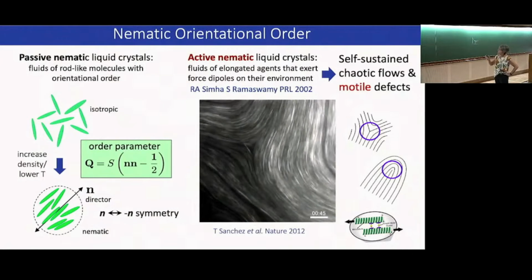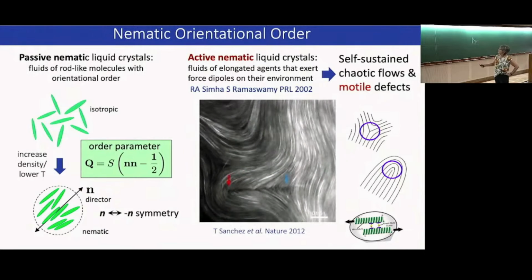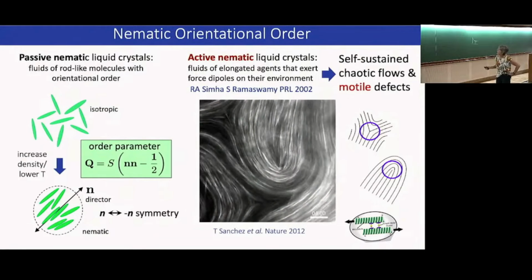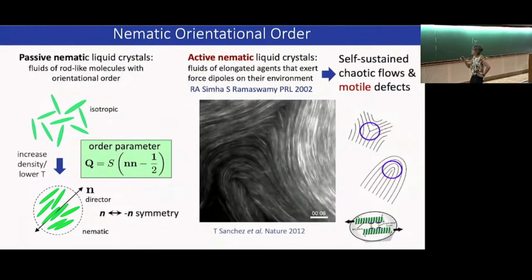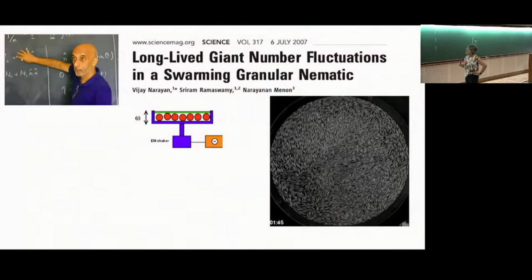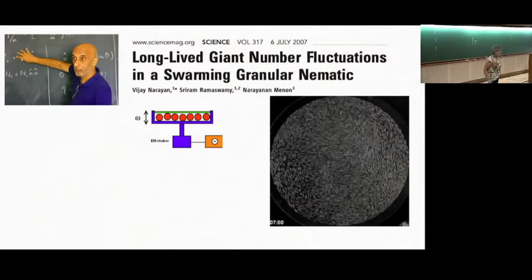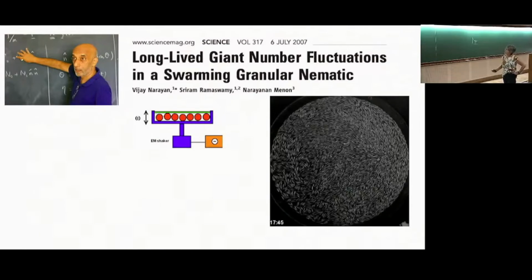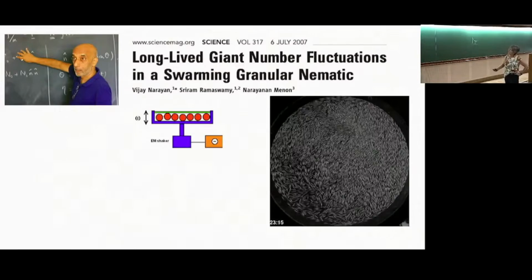The plus and minus 1/2 disclinations, the minus 1/2 and the plus 1/2, which become motile. Now, to be fair, and you saw this in one of Sriram's earlier lectures, another realization of an active nematic involved Sriram.